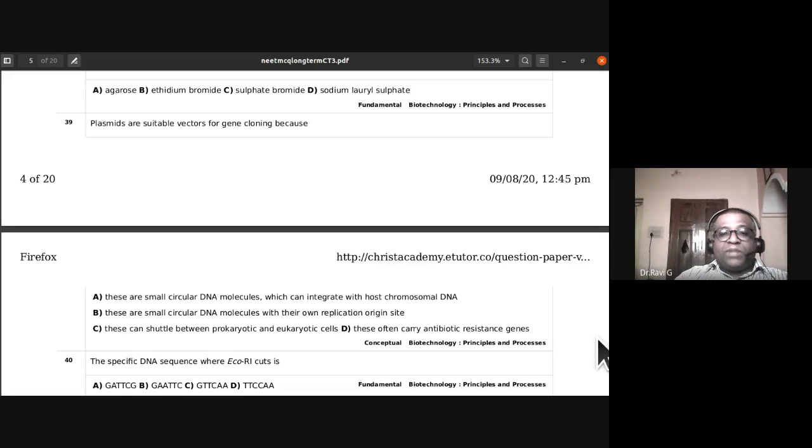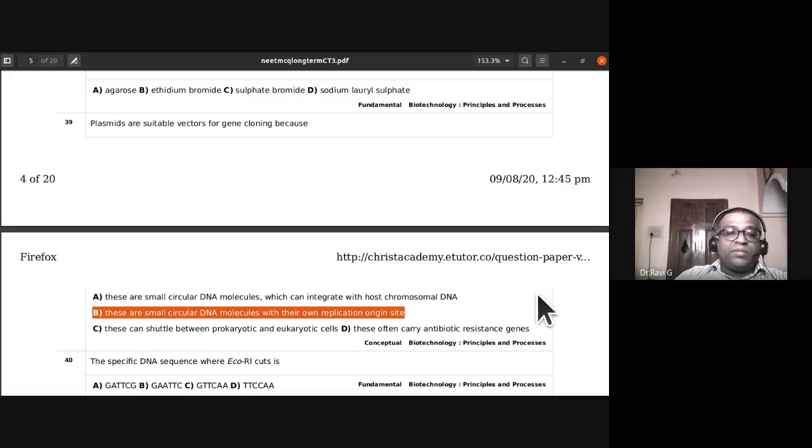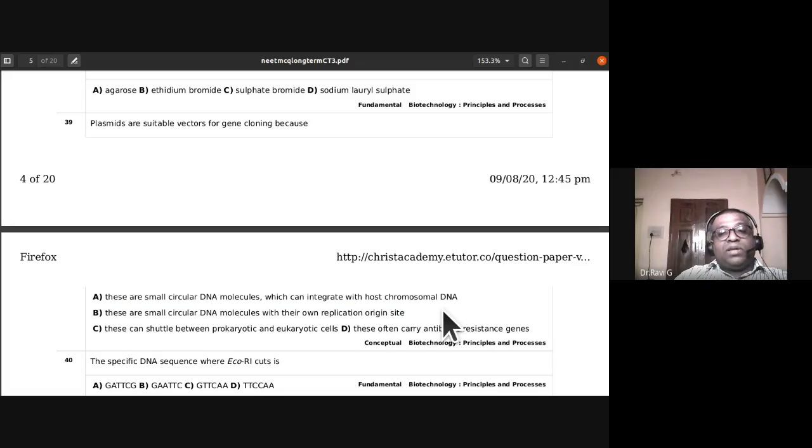So why are they suitable vectors? What is the answer given? I feel B is the right answer. But what have they given in the answer key? Yes, sir. B. Okay, because they have their own replication origin site and they are small circular DNA molecules with their own replication origin site. There will be an ori site. So B is the answer.